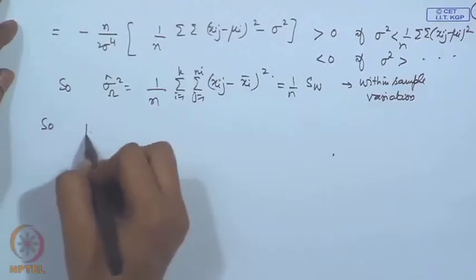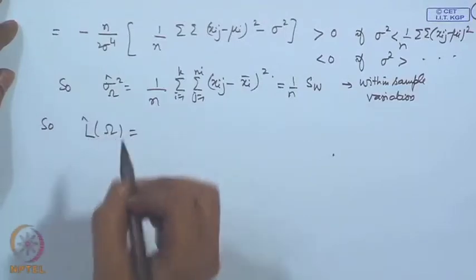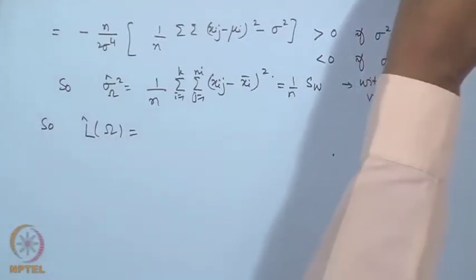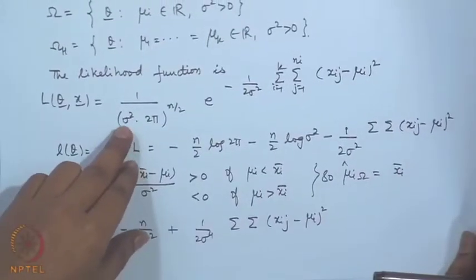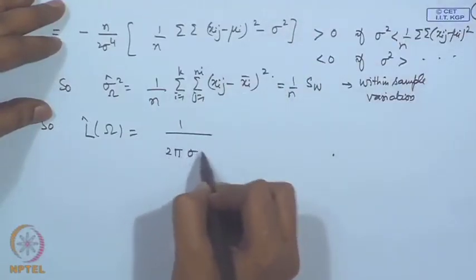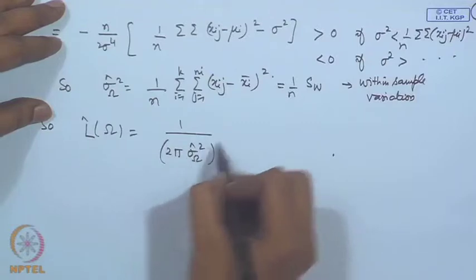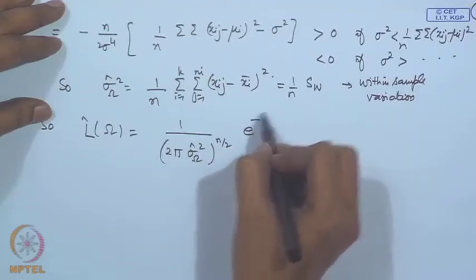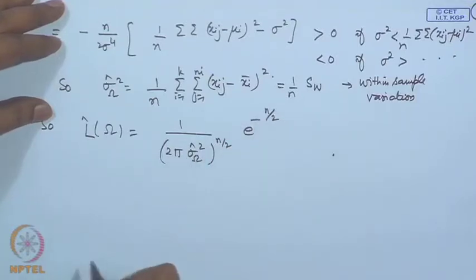So, if I consider L hat omega, that is by substituting the estimated values of sigma square and mu, I get (1 by 2 pi sigma omega hat square) to the power n by 2 e to the power minus n by 2.